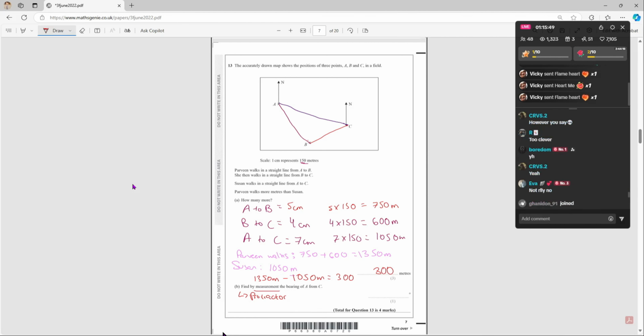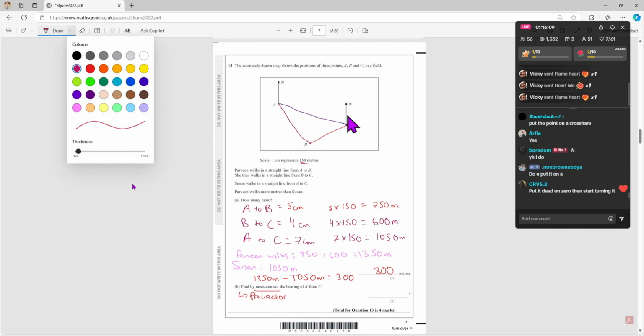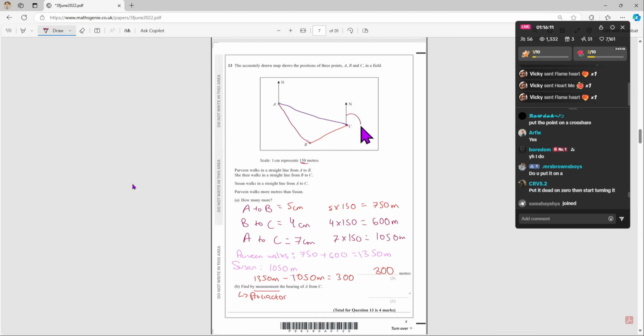If you don't know how to use a protractor, then you need to learn it. So what we're going to do, you have to work out the bearing of A from C. So this is our C. We know that the bearings are always from the north and they always go clockwise. So we have to measure the bearing from here, go like this, measure the angle like this.